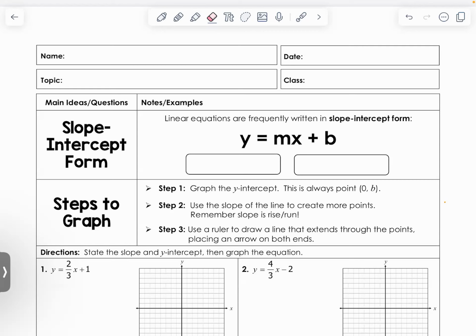It wasn't hard, right? But we just had to do a lot of math all at once. We can actually graph a line a lot more efficiently if we use what's called slope intercept form.